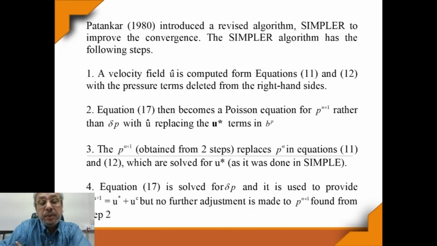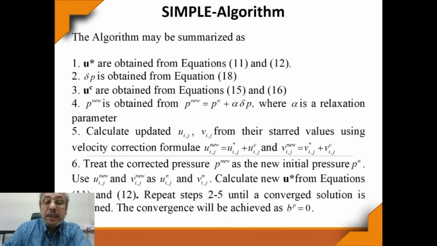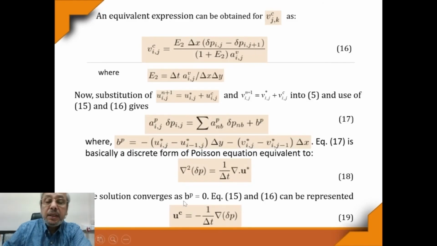With this U star, we again come back to equation 17, and we keep on calculating delta P from 17 or 18, but we don't change the pressure because already we have finalized the pressure as Pn plus 1.